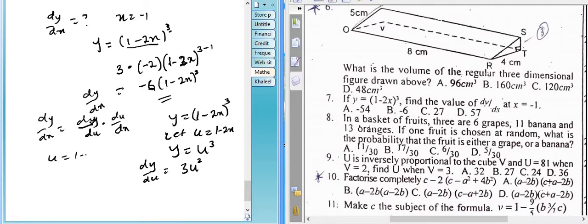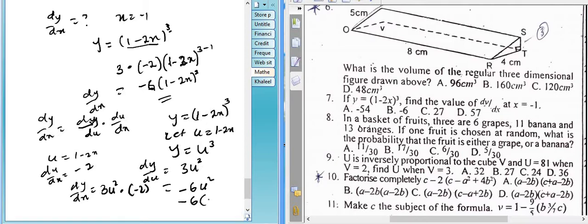Since u is 1 minus 2x, du/dx is equal to -2. From the formula, dy/dx is 3u squared times -2, which is -6u squared. With u as 1 minus 2x, that is -6 times (1 minus 2x) squared.